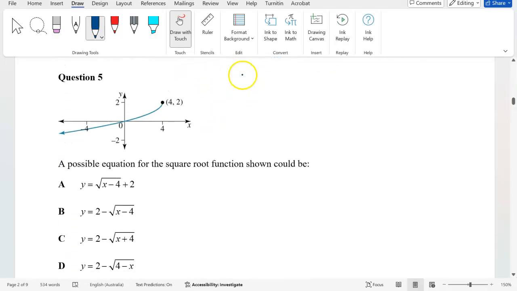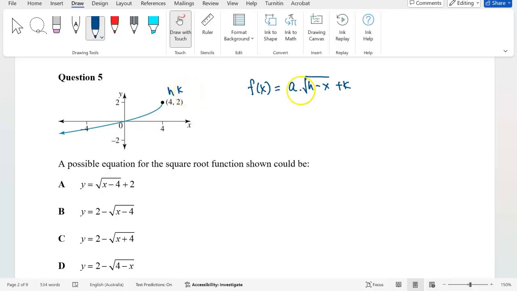Now this is a square root function. This is going left and down, so your f(x) should be a square root, I just checked the manual, it should be in this format, and this is your h and that is your k.